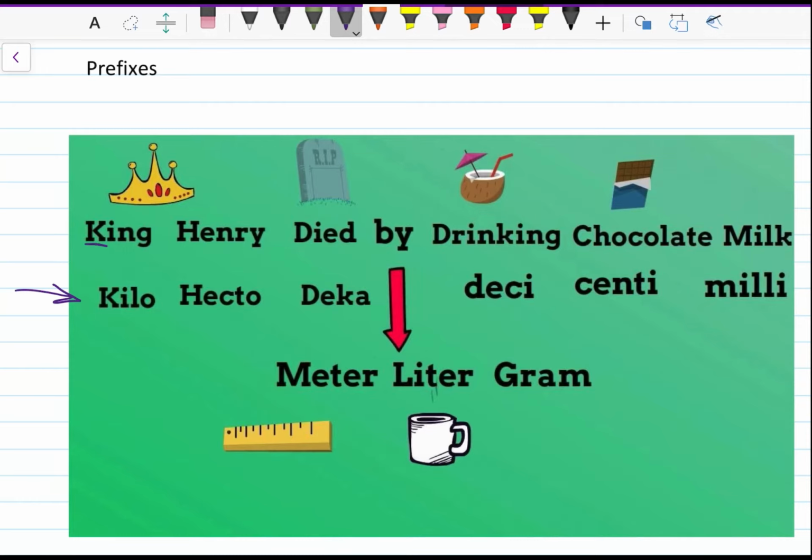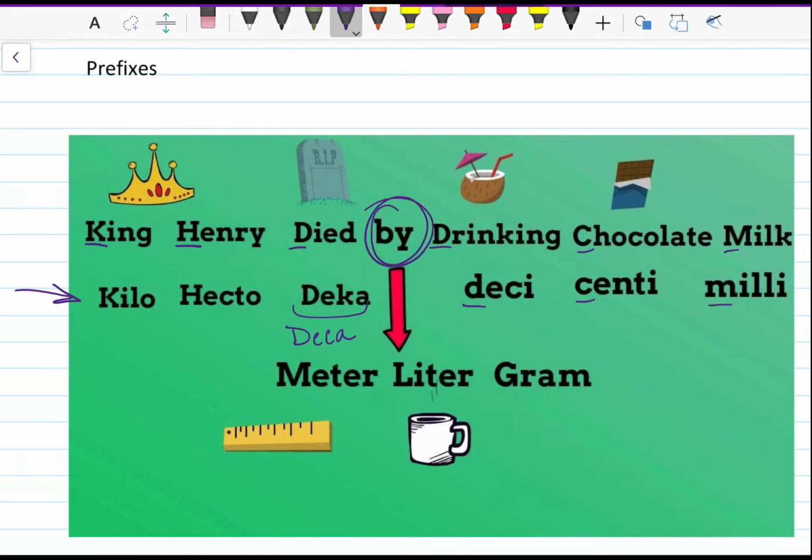So K for kilo, H, hecto, D is for deca. Sometimes you might see this spelled differently. Sometimes it's D-E-C-A instead of D-E-K-A, and that's fine as well. This D is for deci, C, centi, M, milli.